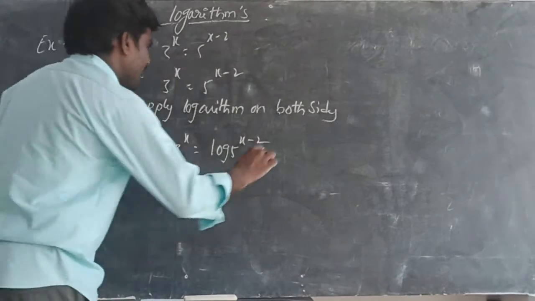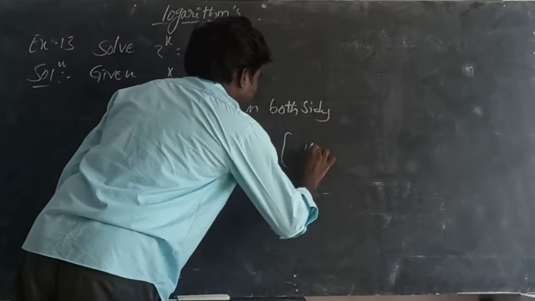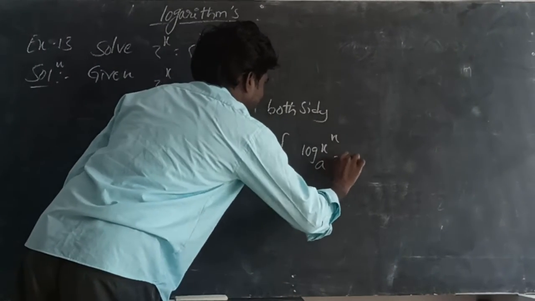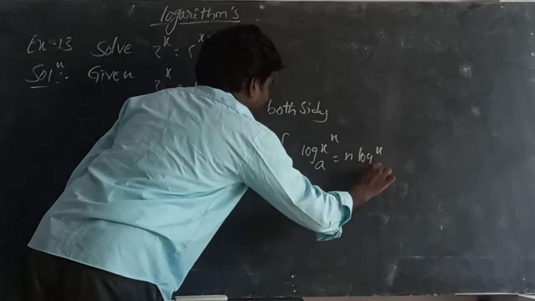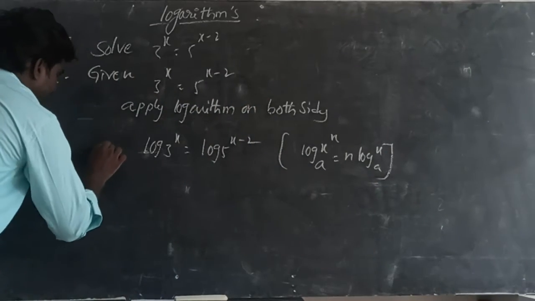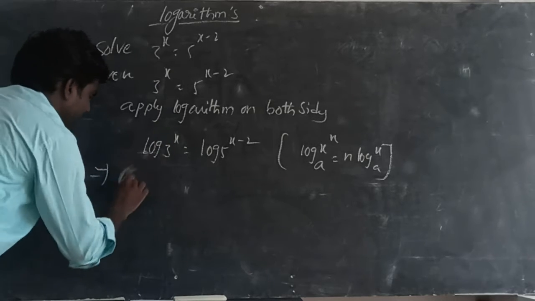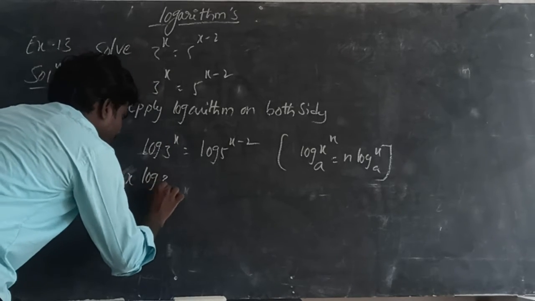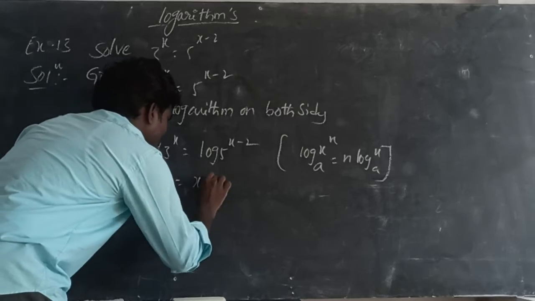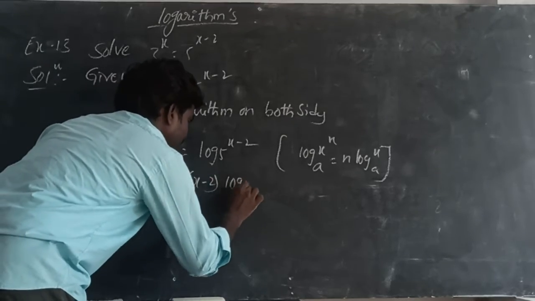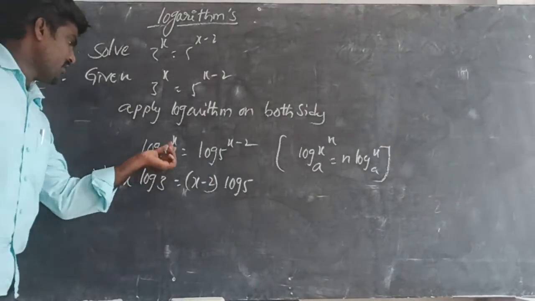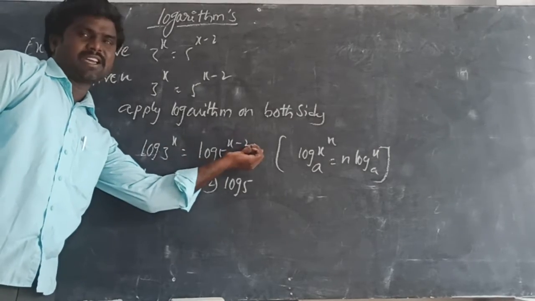Which formula can we use? Log x power n base a is equal to n log x base a. So that is x log 3 is equal to x minus 2 log 5. Here 3 power is x, 5 power is x minus 2.